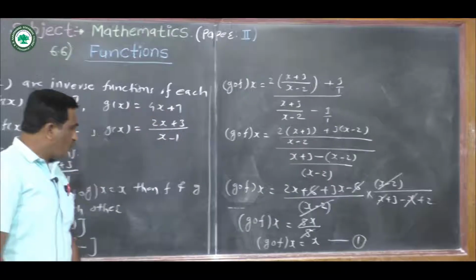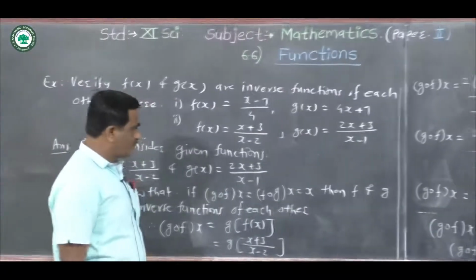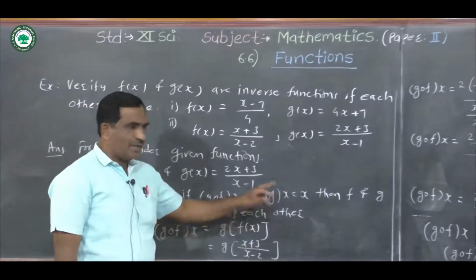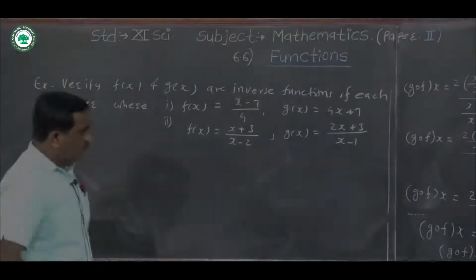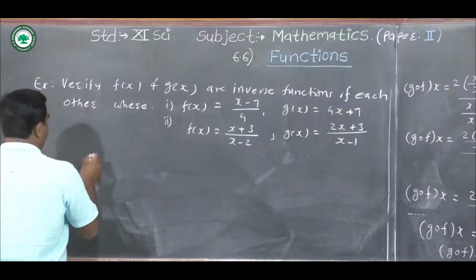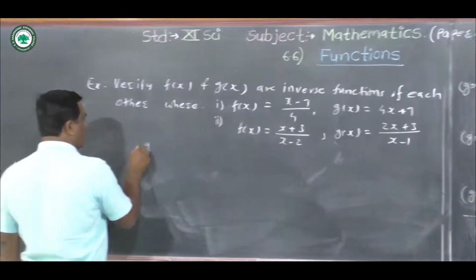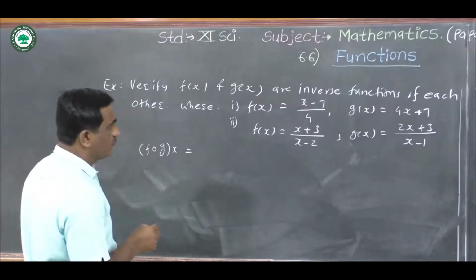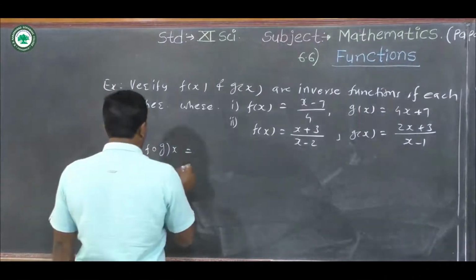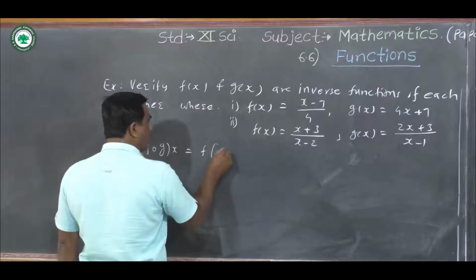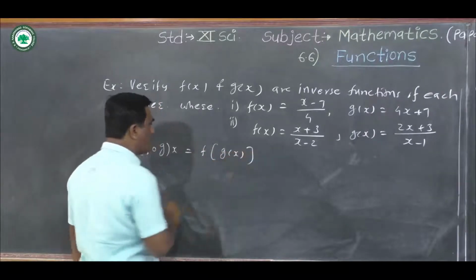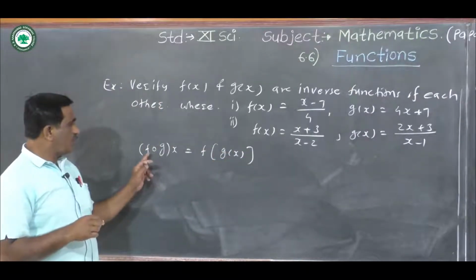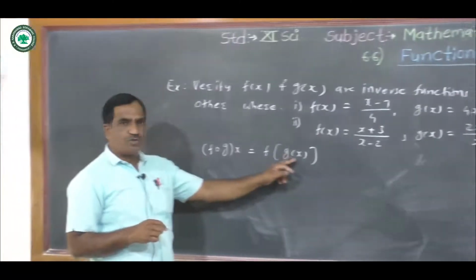Okay. Now we have to find the second term, that is g composite with f of x. Now the second term, g composite with f of x is equal to f of g of x. By definition of composition, g composite with f of x is equal to f of g of x.